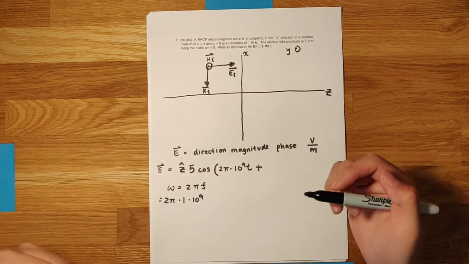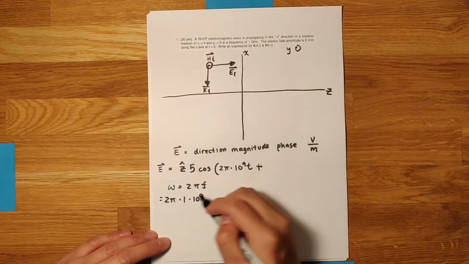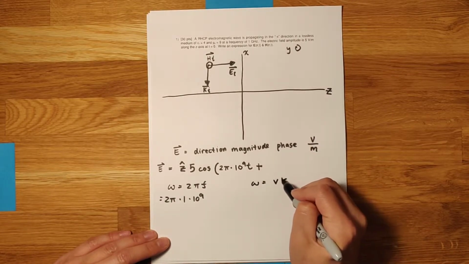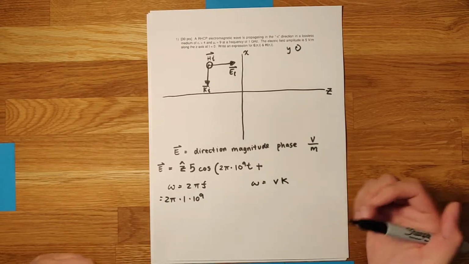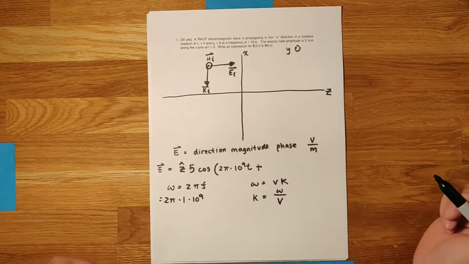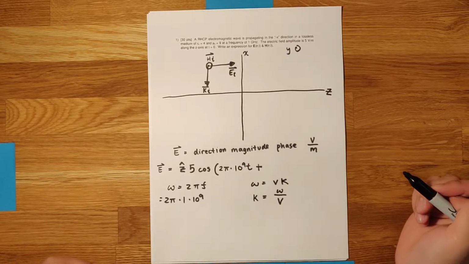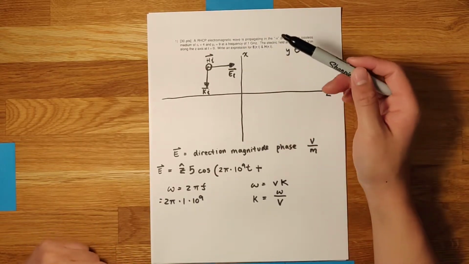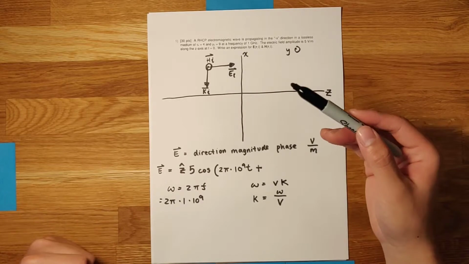But then what is the magnitude for k? Well, since we know omega, we can use that to our advantage. We know that omega is equal to V k, and we're not using c k in this case because it is not in air or vacuum. Then solving for k, we get k is simply equal to omega over V. Then we need to take into consideration our epsilon r and mu r. Usually we treat epsilon r as 1, but in this case we cannot do that. So how do we take that into consideration?